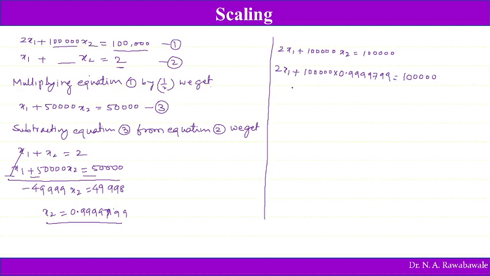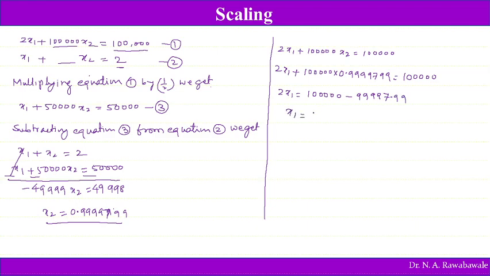This gives us 2x1 is equal to 1 lakh minus 99,997.99.